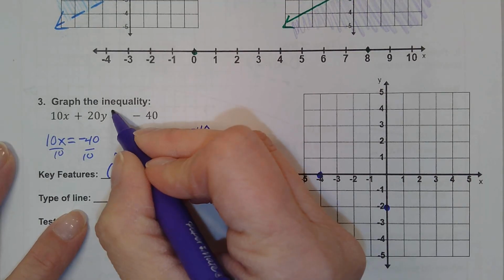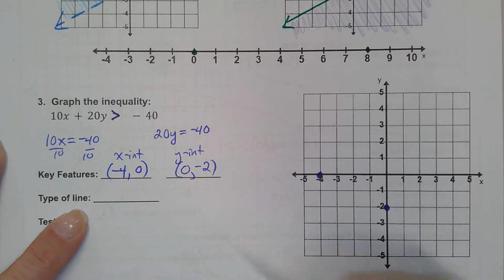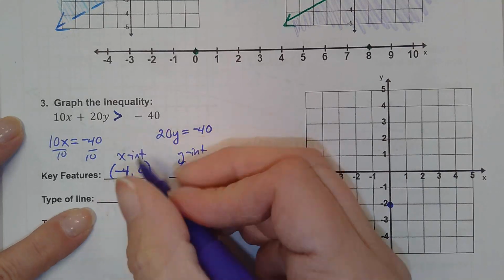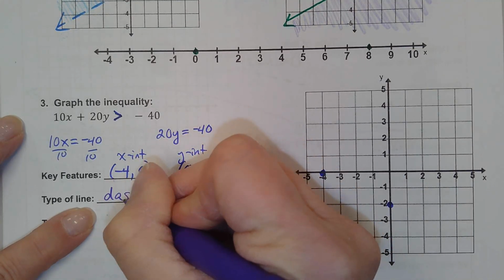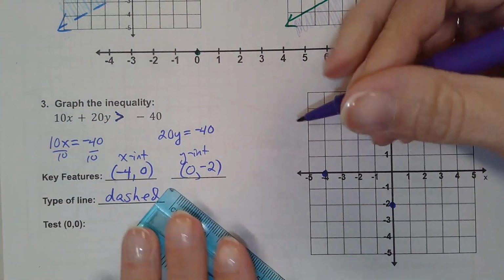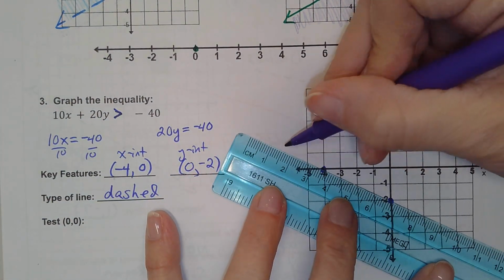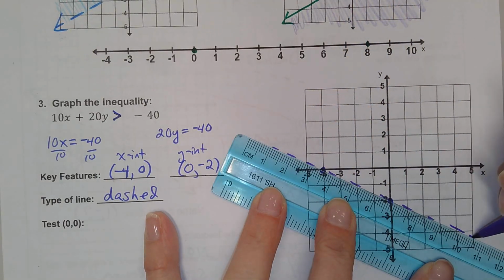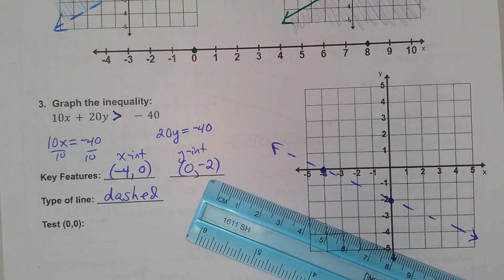Looking at this symbol right here, what type of line should I draw? There is no equal sign, so we're going to do a dashed line. So let's go to our graph paper and let's draw a nice long line that is dashed.